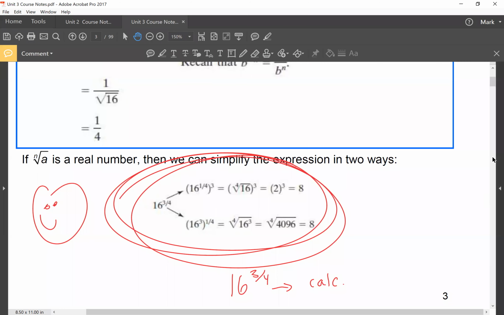Okay, so I would press this button, X with the square there, right under the replay sign. And I would just enter 16 for X and 3/4, and you would get your answer of 8. So easy.